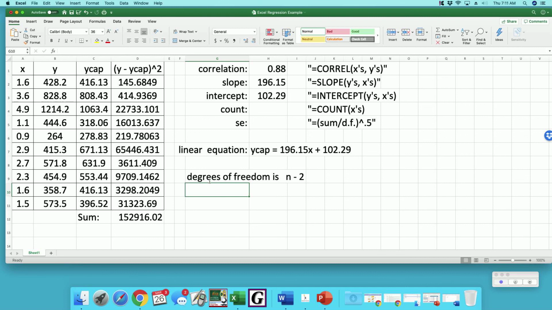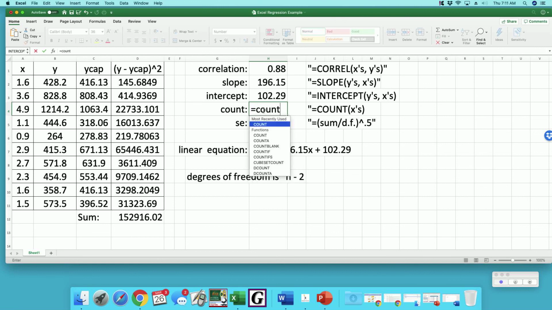So we need n. N in Excel is count. So right here we're going to do equals, put in the word count, put a parentheses. Now, we only need to do x's or we need to do y's. We don't need to do both. We just need to do one.